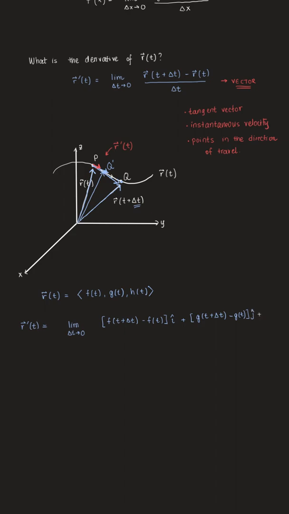And in our z component, I'm running a little bit out of room, so I'm going to write it underneath. That's going to be h of t plus delta t minus h of t k hat. And all of this is over delta t.